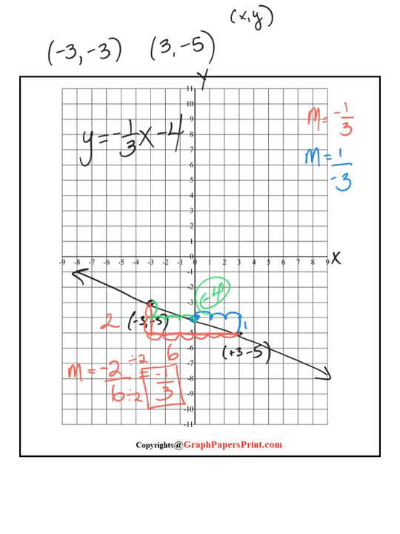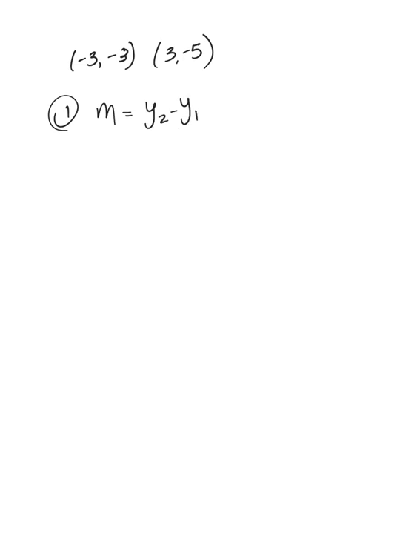Now, if you wanted to solve this algebraically, (-3, -3) and (3, -5). Okay, if we're going to solve algebraically, first I need to use my slope formula to calculate my slope.